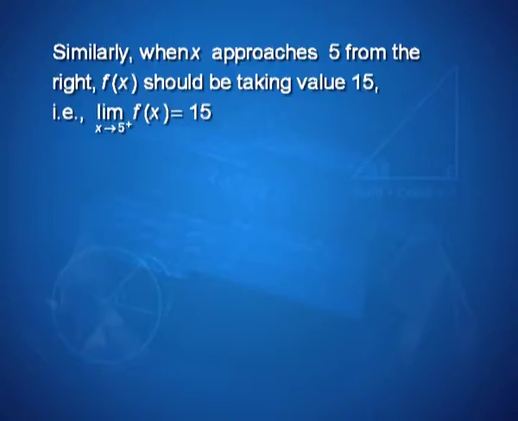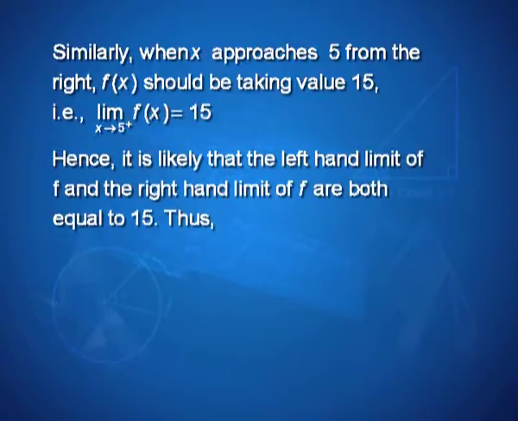Similarly, when x approaches 5 from the right, f of x should be taking value 15, that is limit f of x when x tends to 5 plus is equal to 15. Hence, it is likely that the left hand limit of f and the right hand limit of f are both equal to 15.